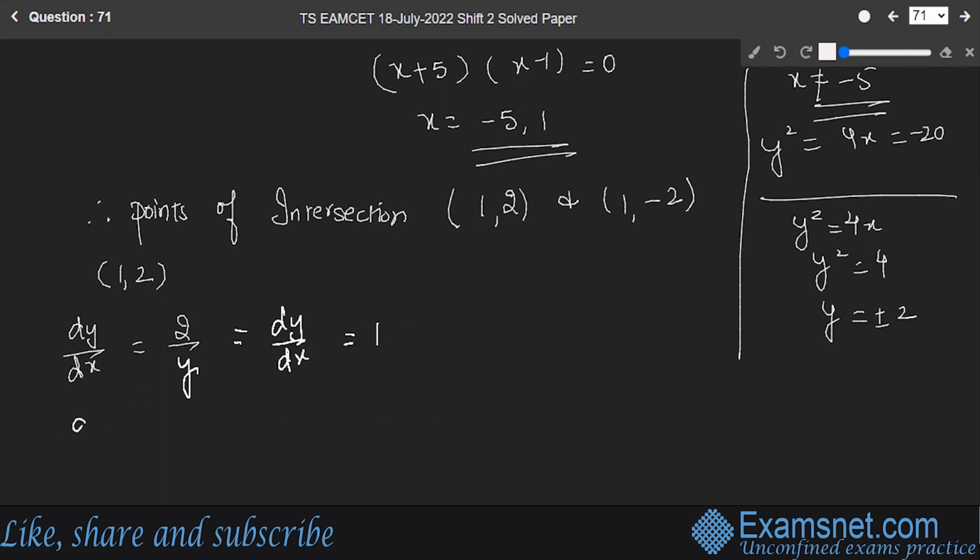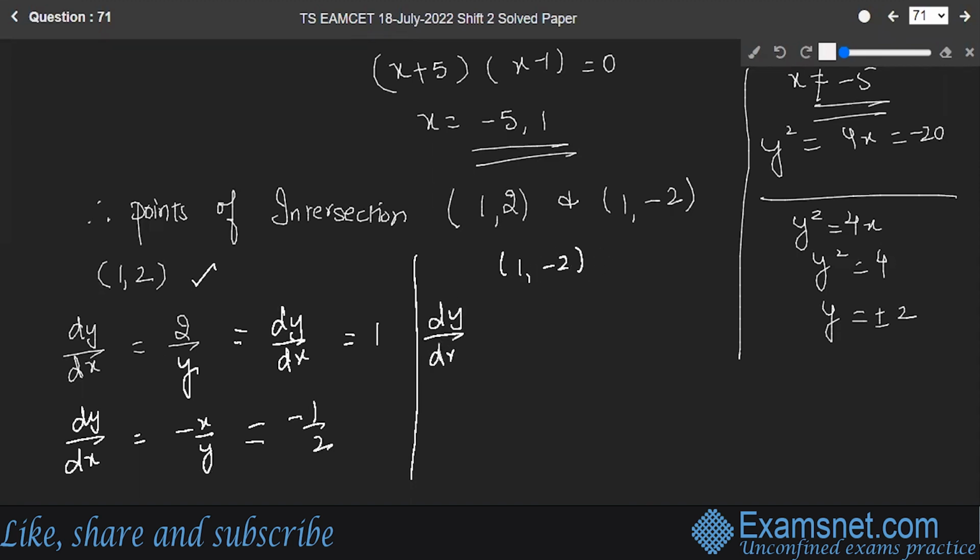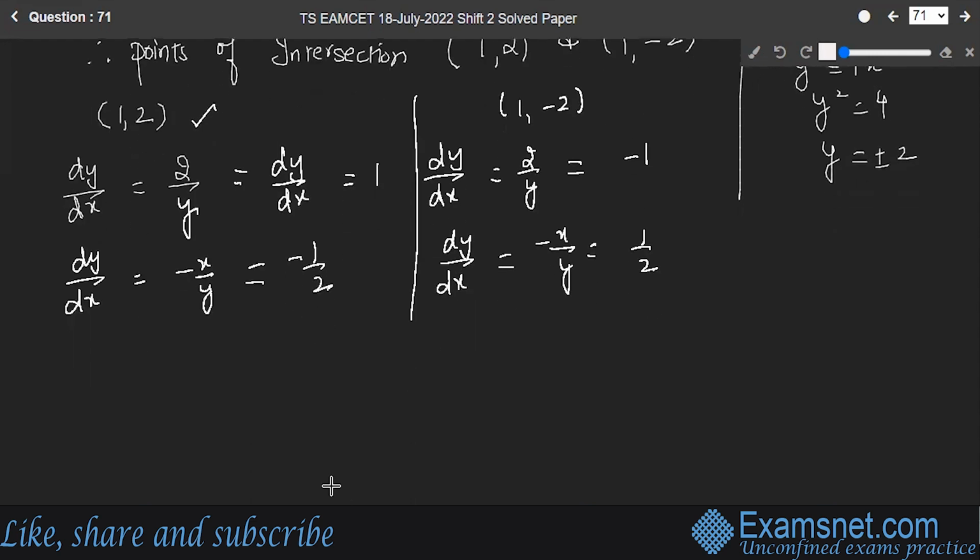The second curve had the slope as dy by dx equal to minus x upon y. So this is going to give me minus 1 by 2. This is for the point 1, comma 2. Let's call it for the point 1, comma minus 2. In this case, dy by dx, which was equal to 2 upon y, is going to give me minus 1. And dy by dx, which is the slope for the second curve, is 1 by 2. Okay. So these are the values for the slopes.